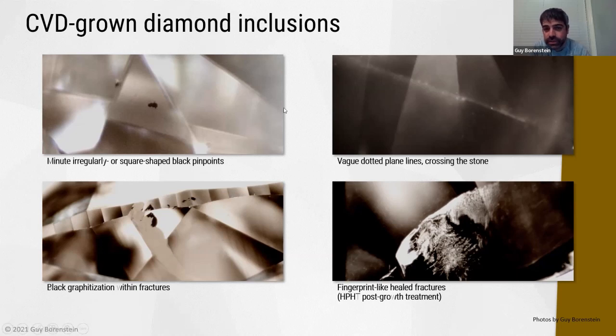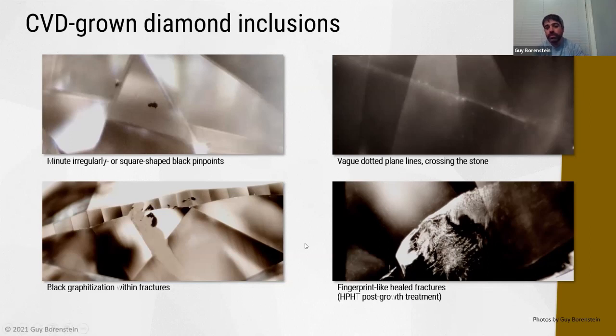In some cases, when there was an issue with the growth of the stone, we might see a vague line crossing the stone from one side to the other. And with CVDs that were subjected to an HPHT post-growth treatment to improve their color, we might see within the fracture a kind of new crystallization. It will look like a fingerprint, a property that's usually seen in gemstones.